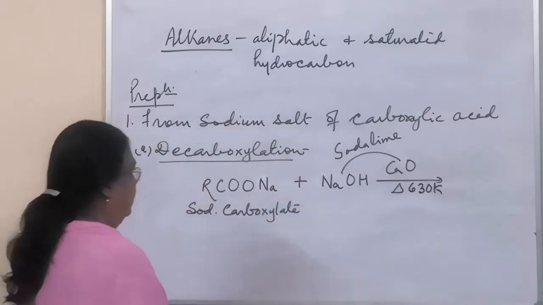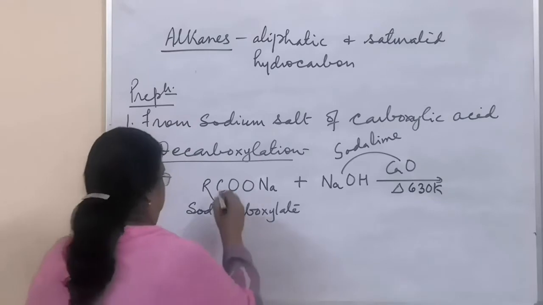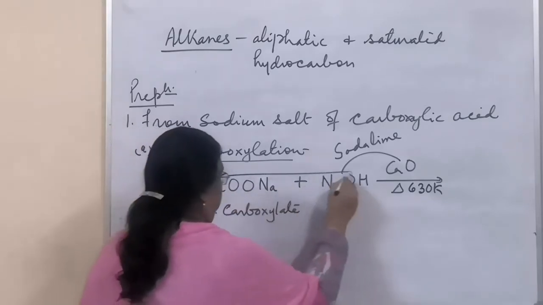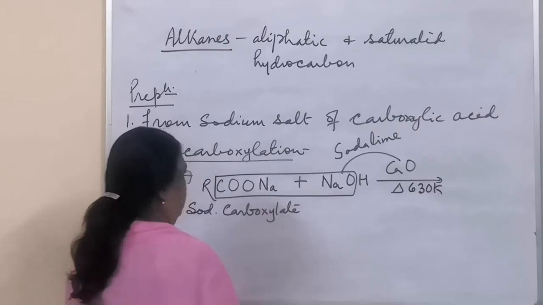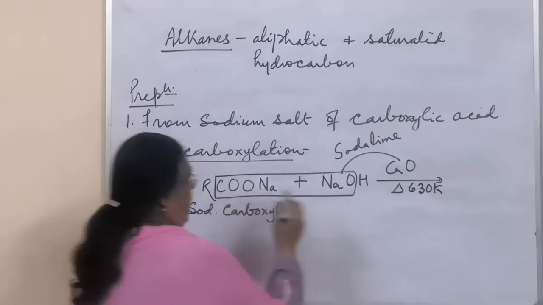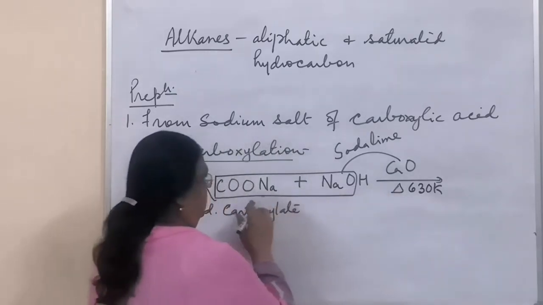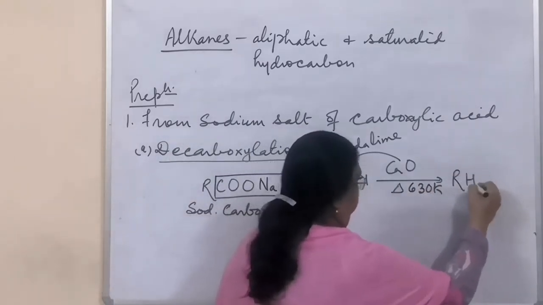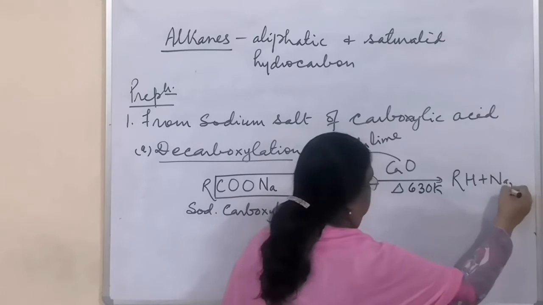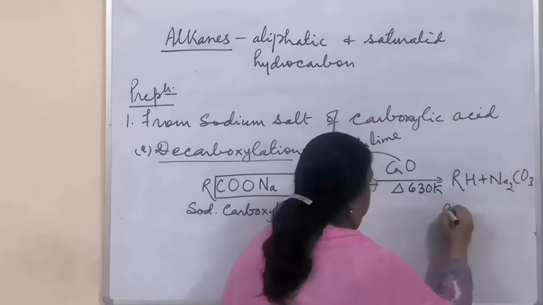And here sodium carbonate is formed by decarboxylation. The carboxylic group is decomposed. So Na2CO3 is out and RH is formed, with Na2CO3 as byproduct. This is the alkane.